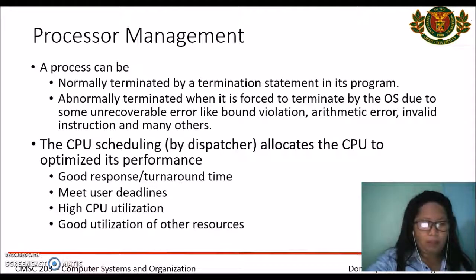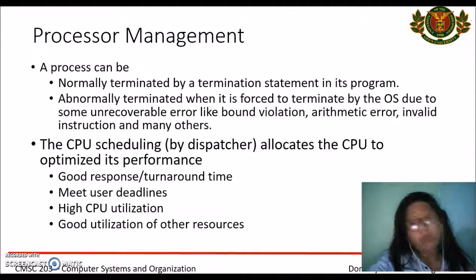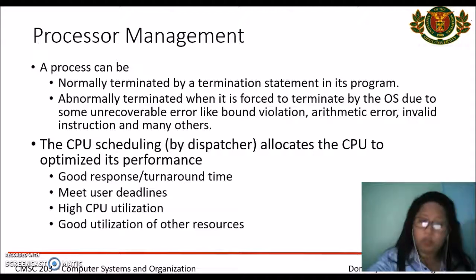The benefits are good response and turnaround time, meeting user deadlines, and high CPU utilization, meaning the CPU doesn't become idle for a long period of time. It is also a good utilization of other resources.